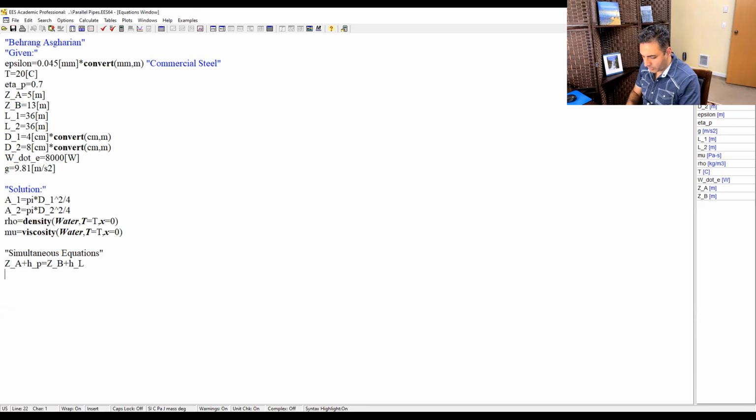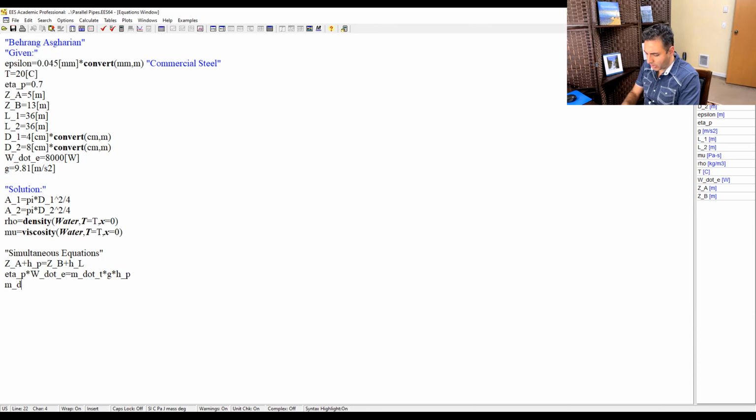The second equation was eta P times W dot E equals M dot total times G times HP. That would be the work of the pump, the power of the pump that goes into the fluid, if you multiply the efficiency of the pump by the electric work you give to the pump. It looks like that. All right, what was the third equation?